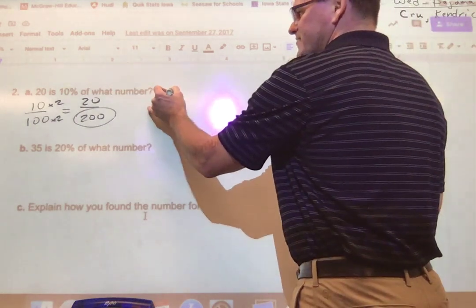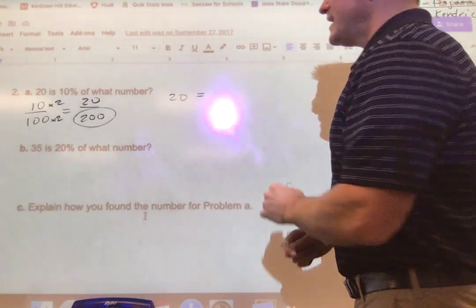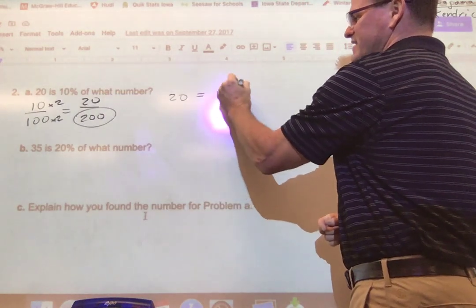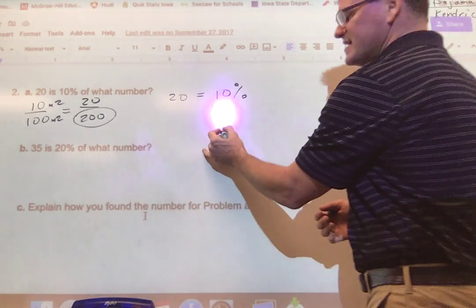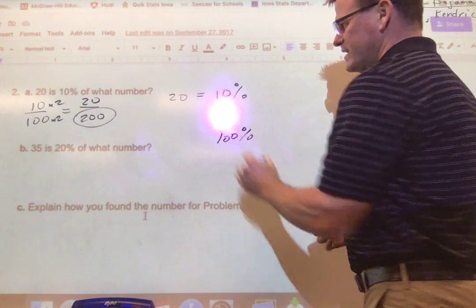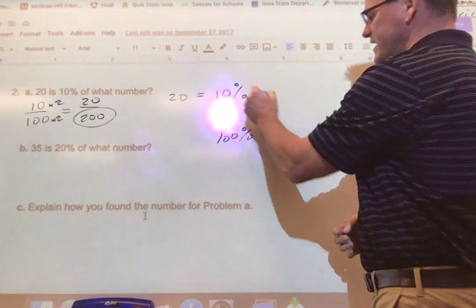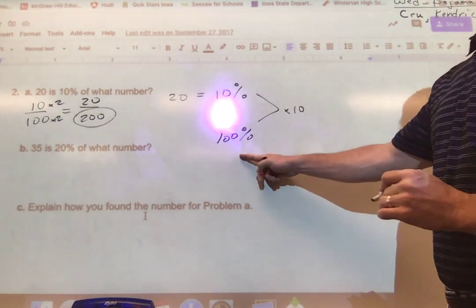Another way to think about it. 20 is, means equals. 20 is 10% of a number. I know I'm missing the total, so I need to get this thing to 100%. Well, if I know 10%, can I do that 10 times to get to 100%?